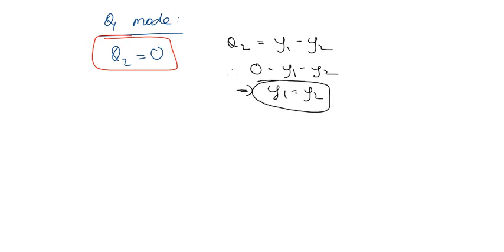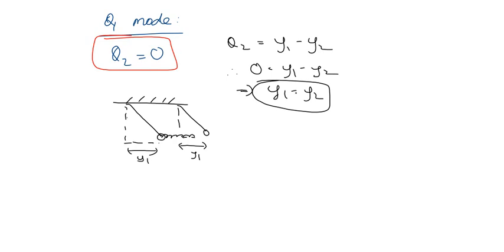the system moves with, say, equal displacements. Say this is y1, so this will also be y1, right? And always it is in phase.